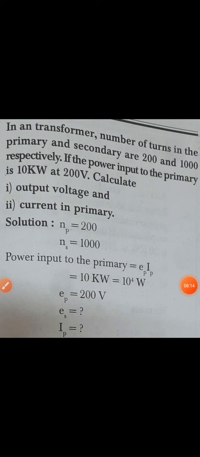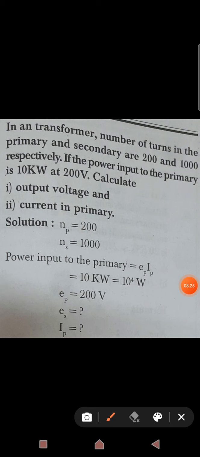Now we'll move to the second question. Second question says, in a transformer, number of turns of the primary and secondary are 200 and 1000 respectively. If the power input of the primary is 10 kilowatt at 200 volt, calculate output voltage and the current in the primary.